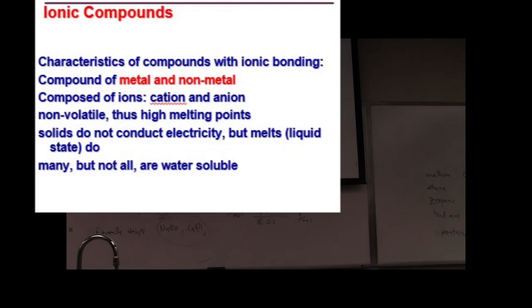It's not a liquid unless you heat it up to 700 degrees Celsius. You can melt sodium chloride at a very high temperature. What is the reason why they are solid? Ionic compounds are solid, non-volatile. Non-volatile means, I don't know whether you ever smelled a sodium chloride bottle or something. Can you smell it? Even sugar you cannot smell. You know, I tried.